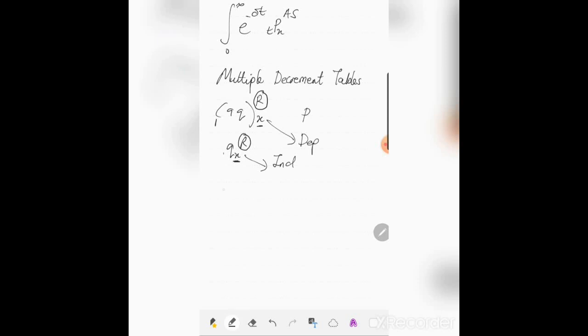Let's try to look at A, Q, X, D being the death. All we are saying is that the probability that the person in state active is leaving the population because of death. Now let me assume that retirement and death are the two decrements that are there.